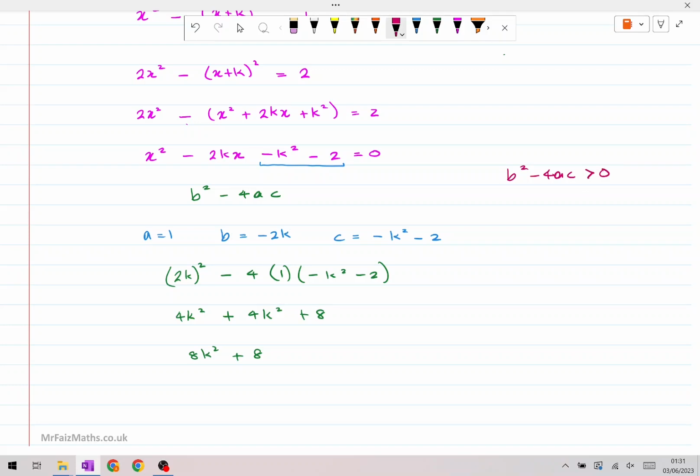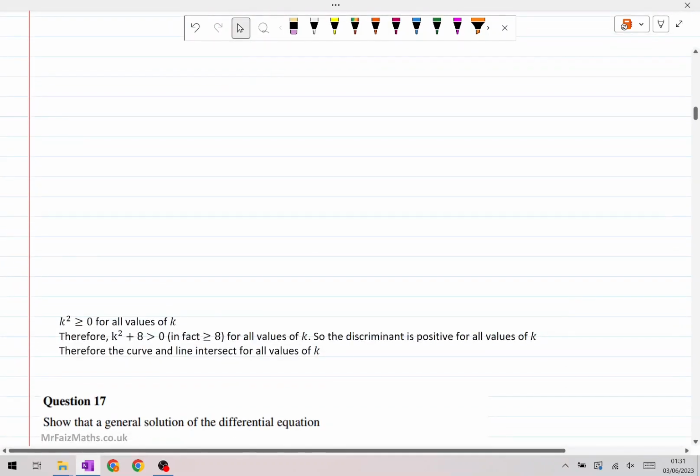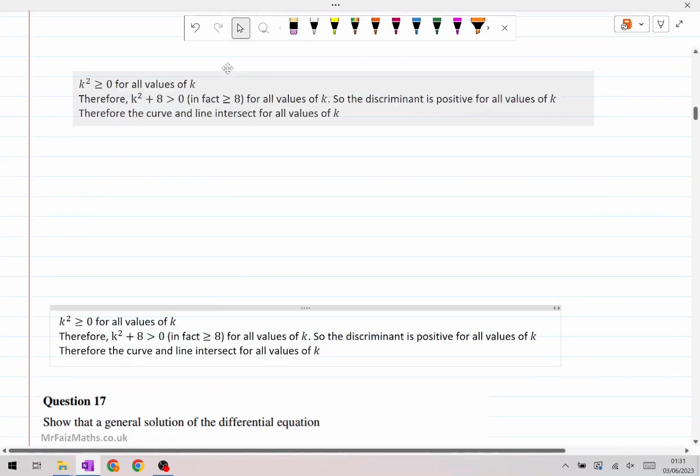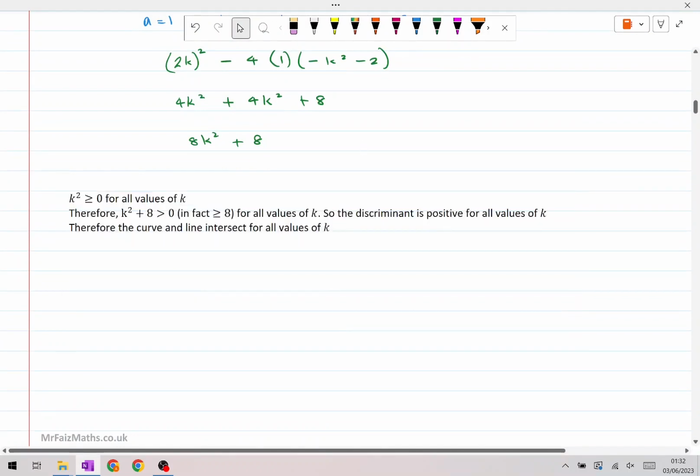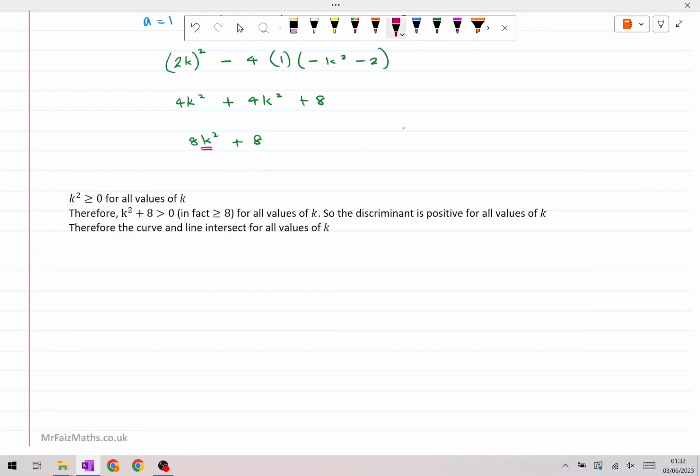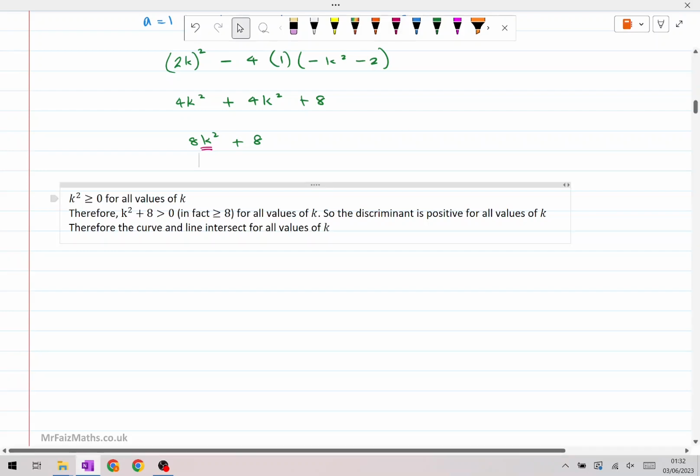So the way you'd want to explain this, I've already typed this out here just to make things easier. If we consider this term, k squared, no matter what the value of k is, k squared is always positive. So k squared is greater than or equal to 0 for all values of k. And what that means is, therefore, if I take 8k squared, that's always going to be greater than or equal to 0.